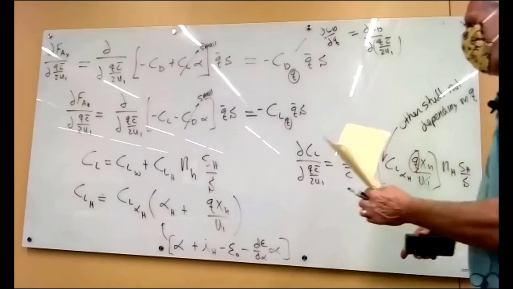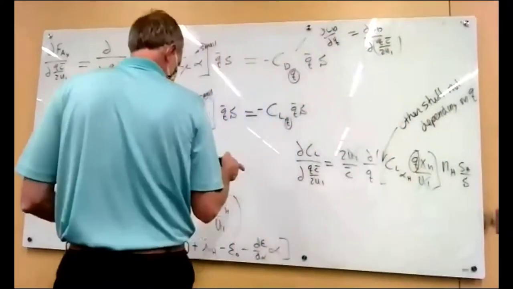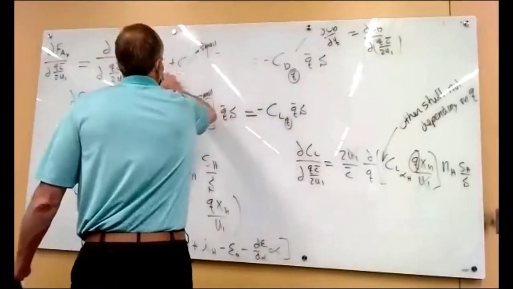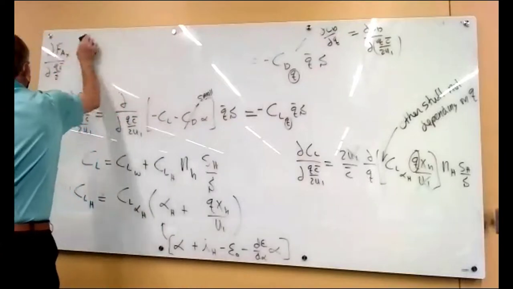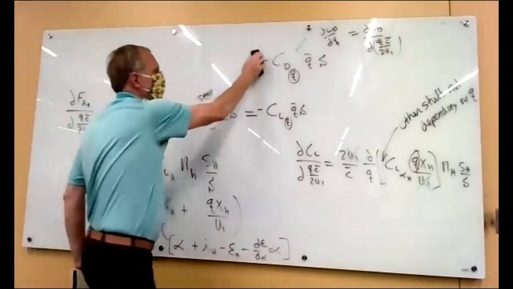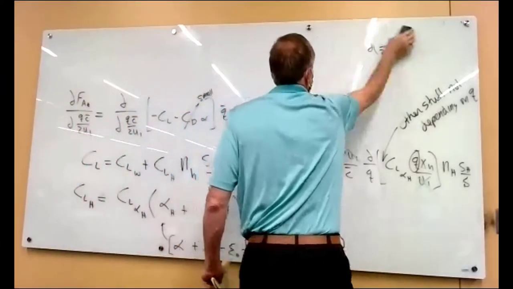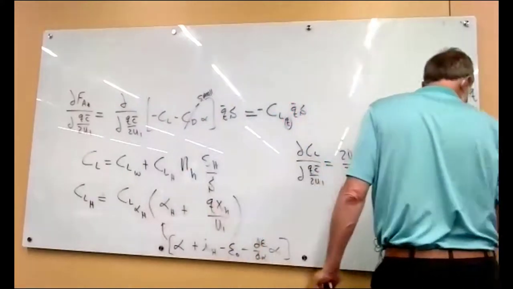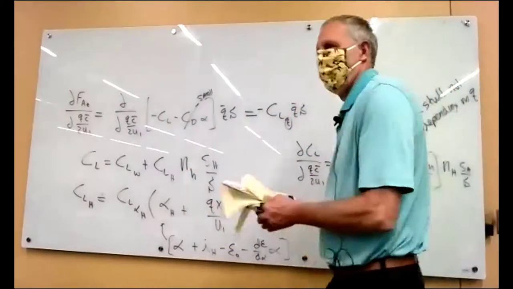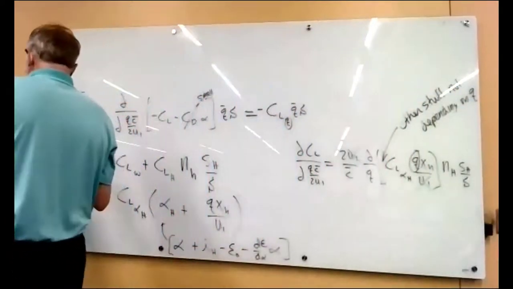So the formula for CLQ is that. And then we can do the same trick that we did for the pitching moment. Because the pitching moment, again, depends upon the lift of the tail ratioed by the moment arm back to the tail.